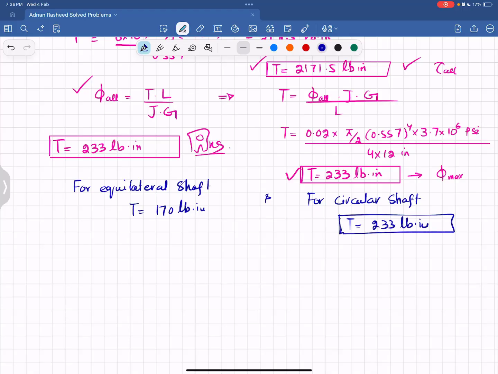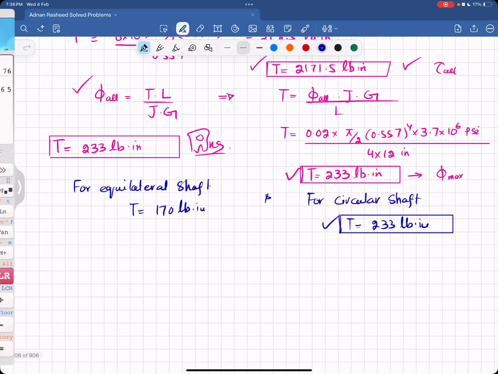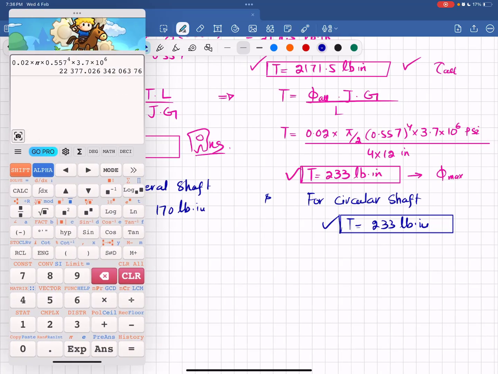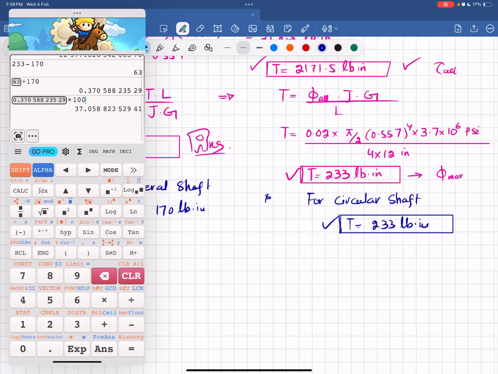So we can compare which one is taking more torque. So again you can see that circular shaft is taking more torque, and if you find how much percentage it can take, so 233 minus 170 divided by 170 multiplied by 100 is 137.